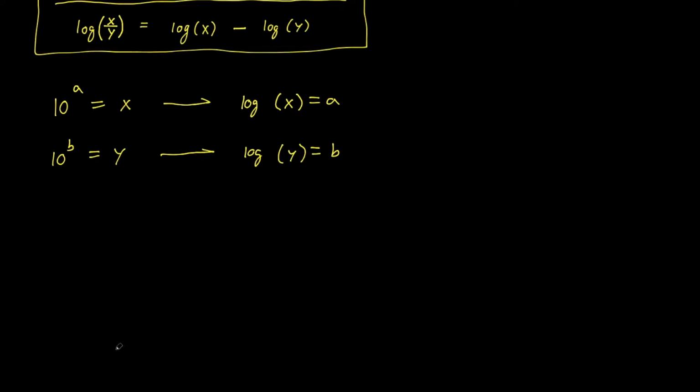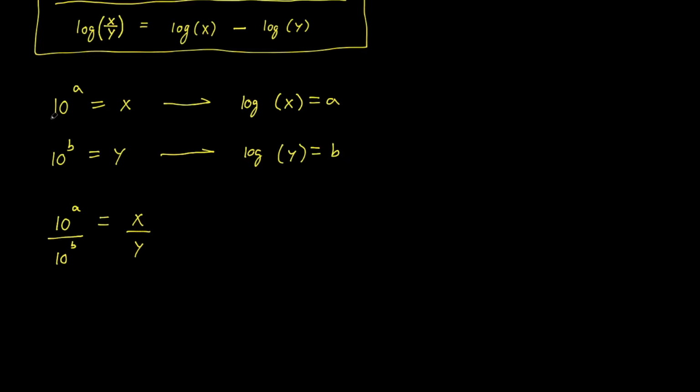So the next thing we're going to want to do is divide the left side of the equation. We're going to divide 10 to the a by 10 to the b, and on the right side of the equation we're going to divide x by y, to make that one single equation. So we can write 10 to the a over 10 to the b equals x over y.